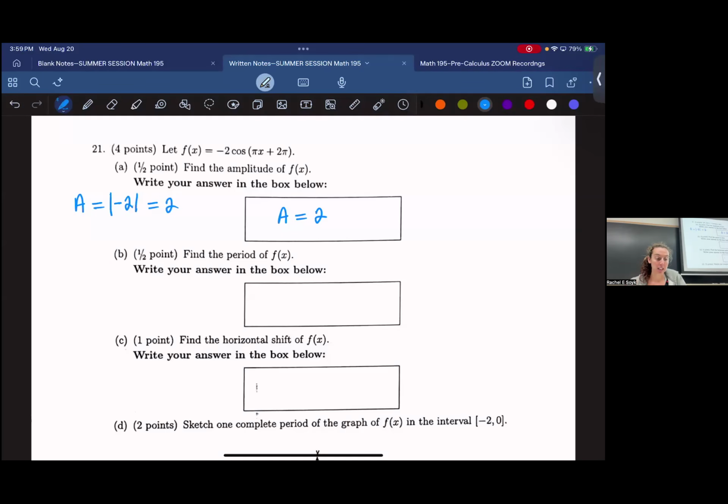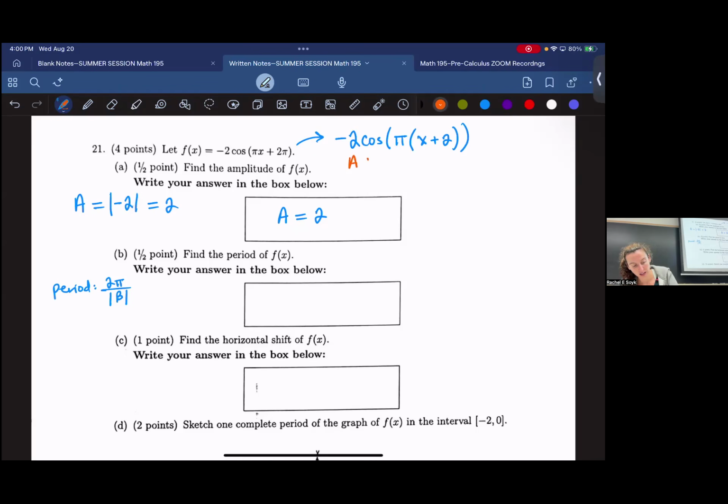Our period, since we're dealing with cosine, is 2 pi over our absolute value of b, which is the same with sine. And so we need to find our b value. So how do we find our b value? Between both of these terms, we can factor out a pi. We can rewrite our function as -2 cosine of parentheses pi parentheses x plus 2, where we can very visually see our b.